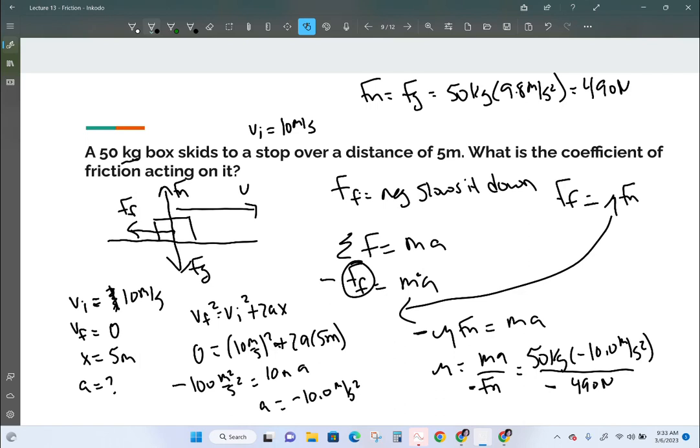So if I take 50 times 10, which is 500, and I divide it by 490, so once again, 500 divided by 490, I'm getting 1.02. Now, the negatives go away, right? The negatives go away because friction is negative and acceleration is negative.